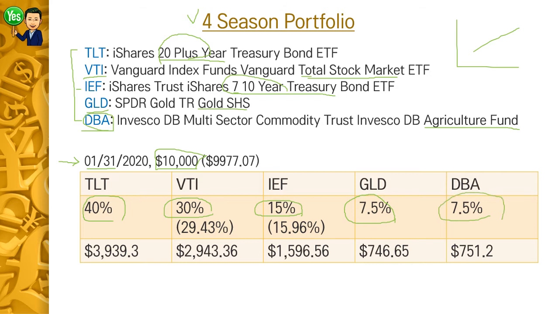So it's 20-plus year bonds, total stocks, 7 to 10 year medium-term bonds, gold, and grain and meat. In that way, I follow the stake percentages here, as if investing real money in the virtual investment.